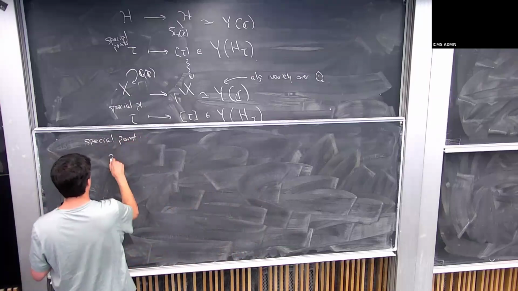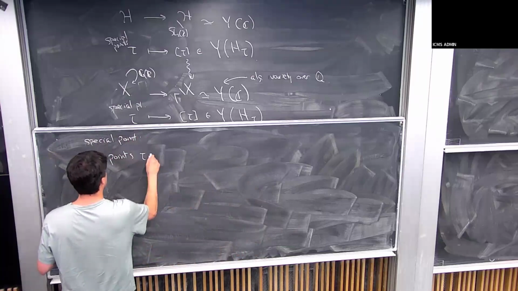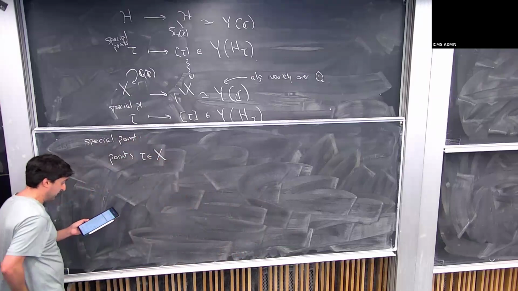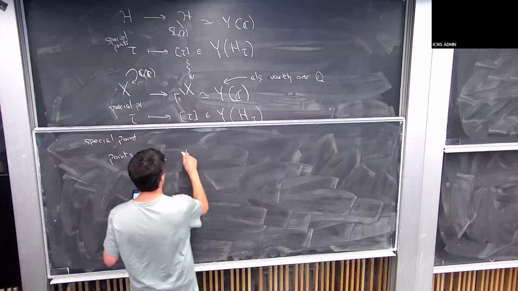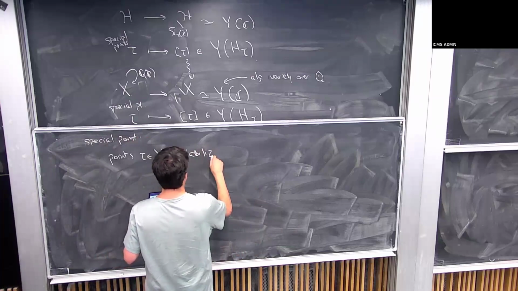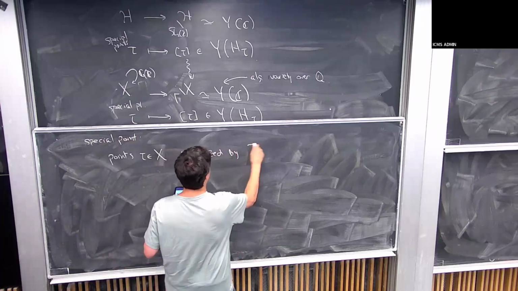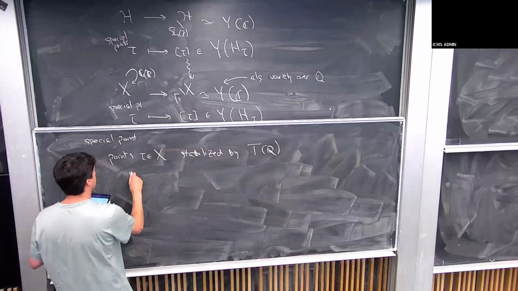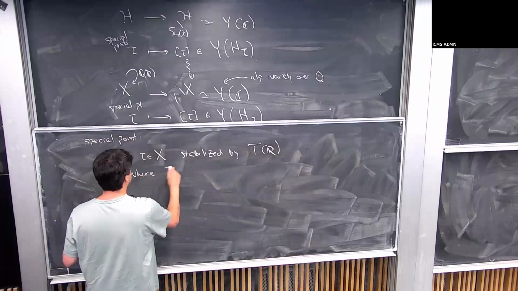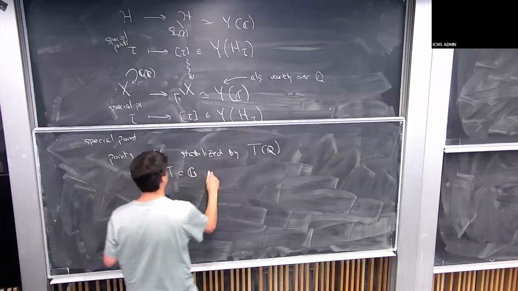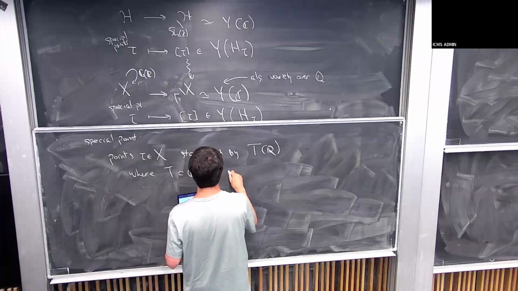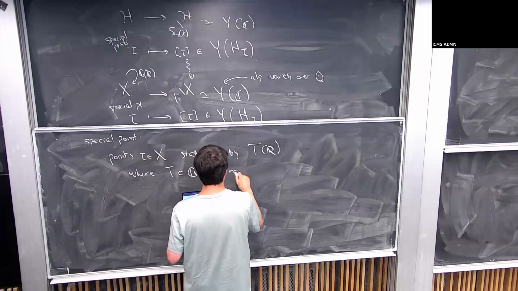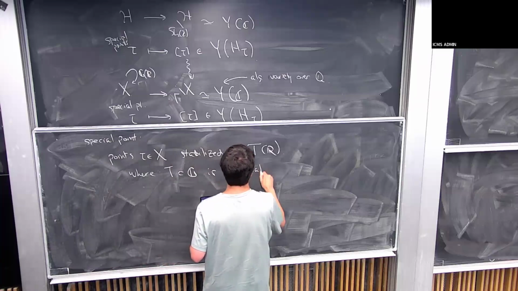So these are points tau in this symmetric space, stabilized by the real points of T, where T is a rationally defined maximal torus.